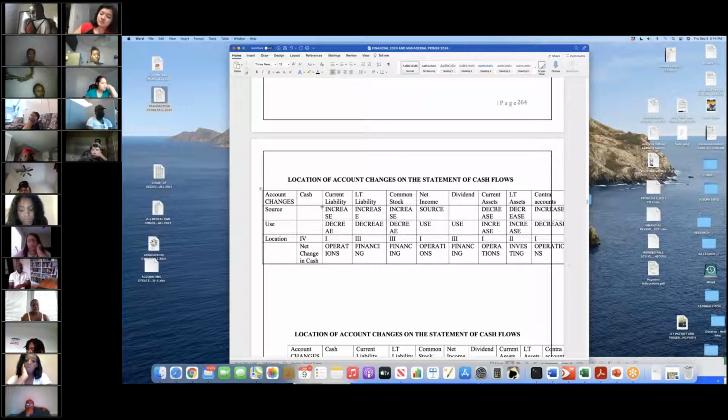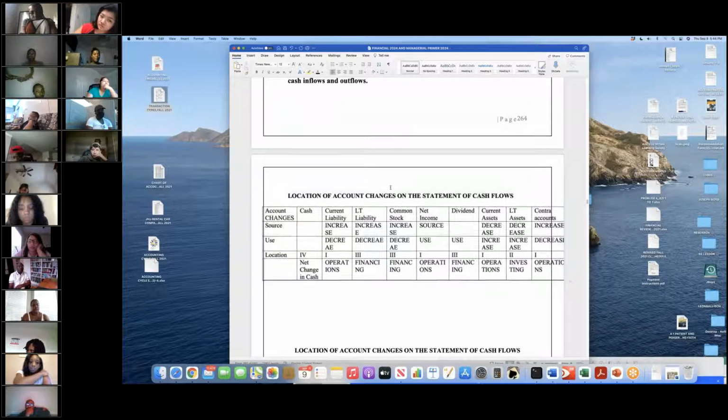Now, we said that the statement of cash flow is going to be based on the changes. The change in cash is going to be based on the change in the current liability, long-term liability, common stock, net income, dividends, current assets, long-term assets, and contra accounts. We need to see what part of the statement the changes go in.